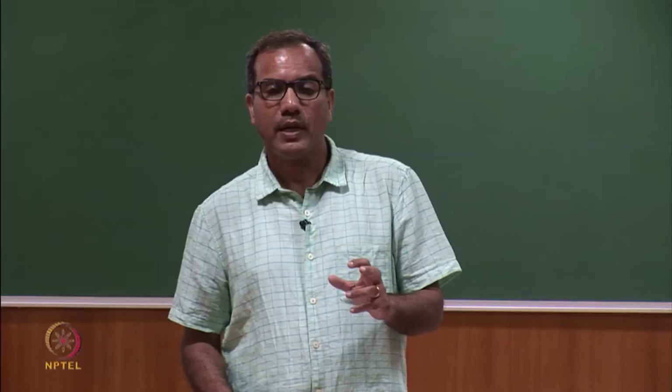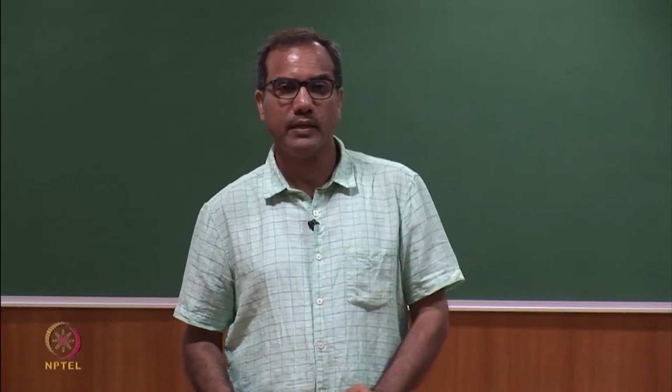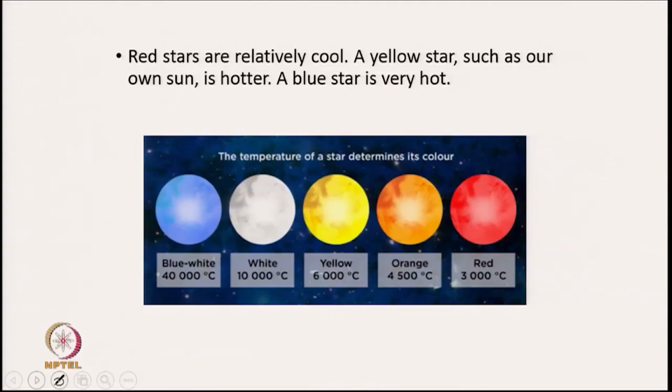Similarly, if you look at the sky in the night time, it will show stars of different colors, and that is because of their temperature. Red stars are relatively cool. A yellow star such as our sun is hotter, and a blue star is very hot.